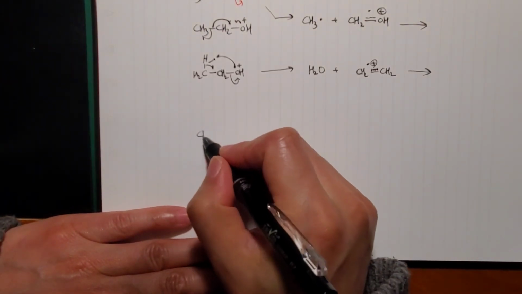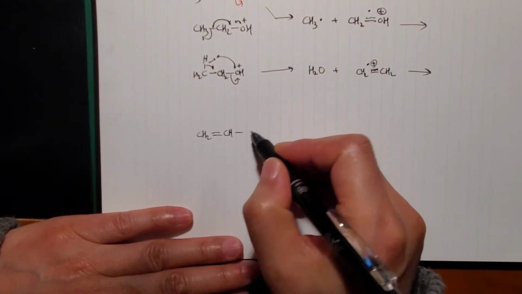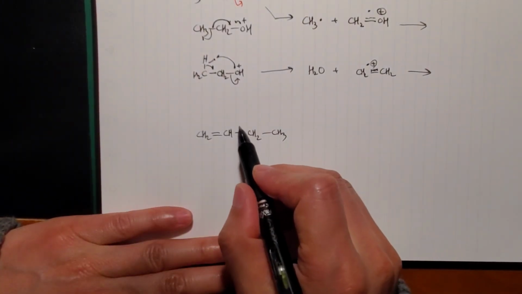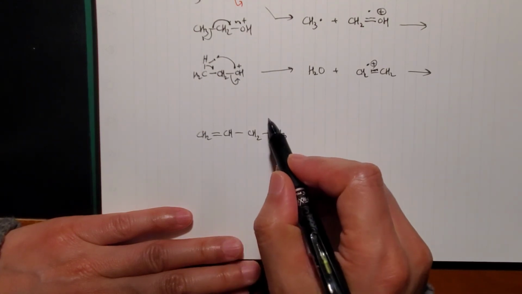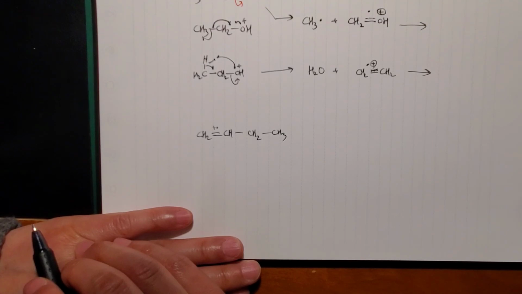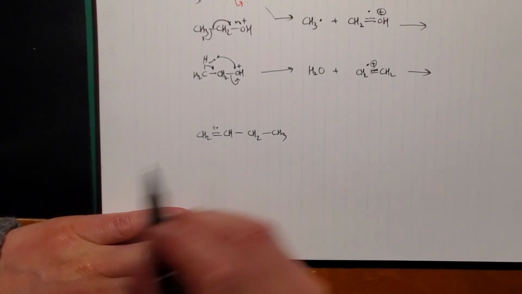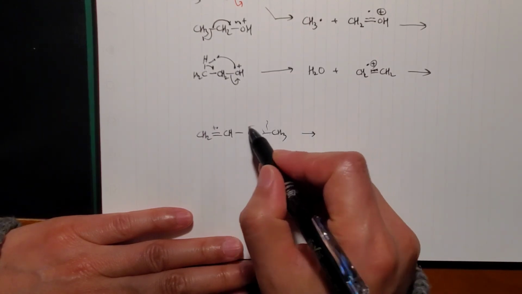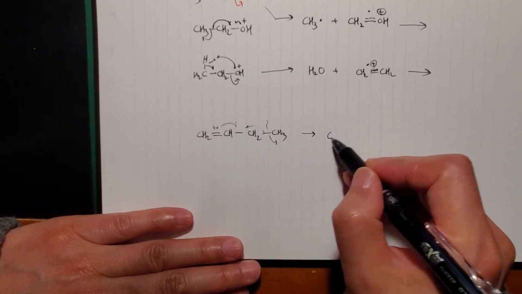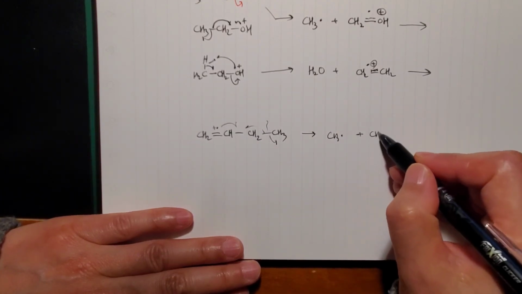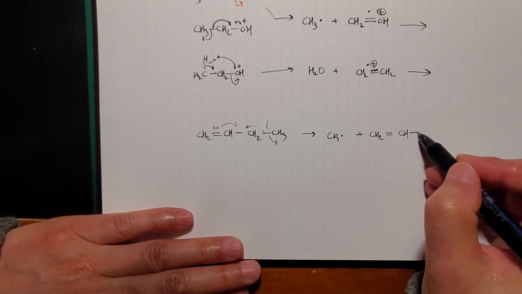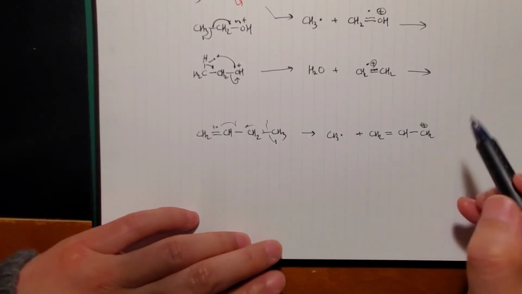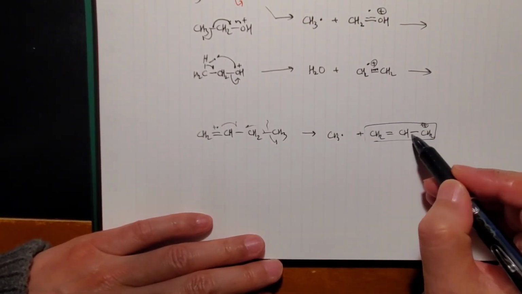And if you had an alkene, rather than breaking here, you would break there when this is positively charged. By breaking here, giving the electron this way, right? Breaking there, you are making this charged piece.